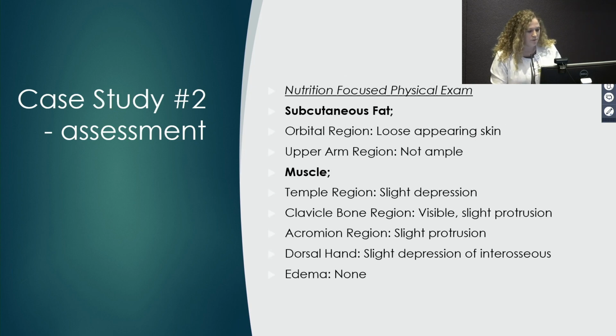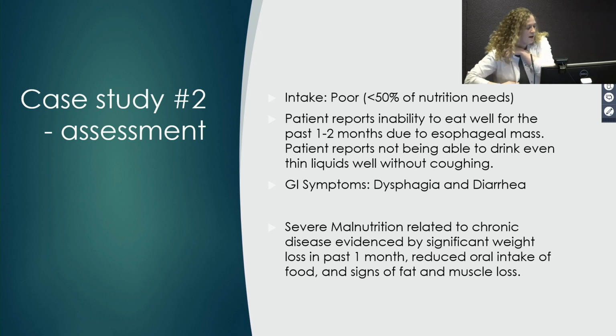From there, I would do my nutrition-focused physical exam. So she did have multiple areas where it appeared that she had some fat loss and some muscle loss. And then I went through her intake with her as well. So her issue was she was having esophageal cancer.